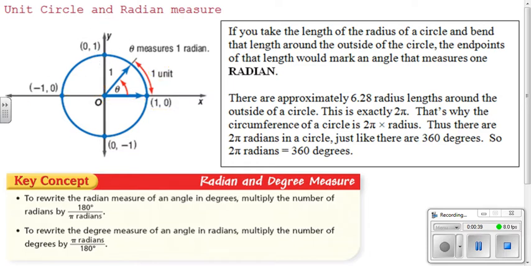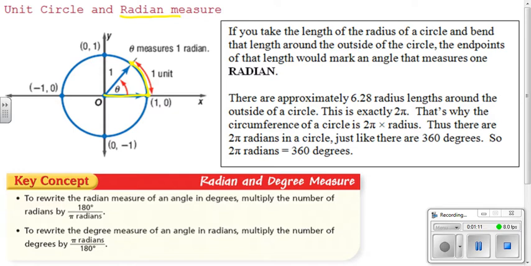What is a radian then? A radian is another way to measure an angle, especially in angles of a circle. Now again, using that radius, so the radius would be this length here. If we lay it from the vertex, or should I say the center of the circle, to the edge, that would be 1 radius. But if we were to take that same length and start on the outside of the circle and wrap it around the edge, we'd only get to about right here.